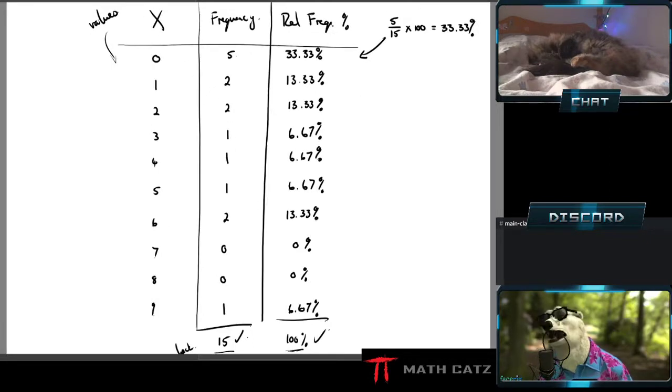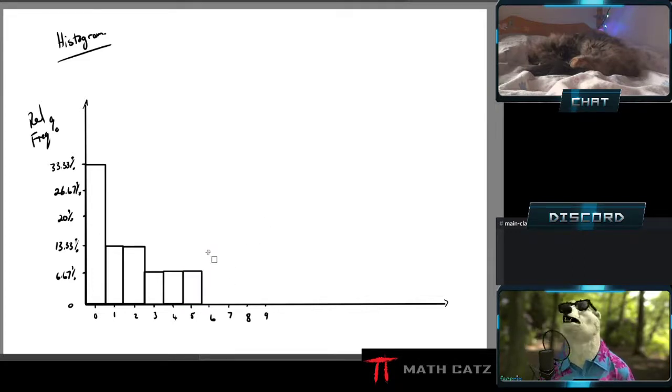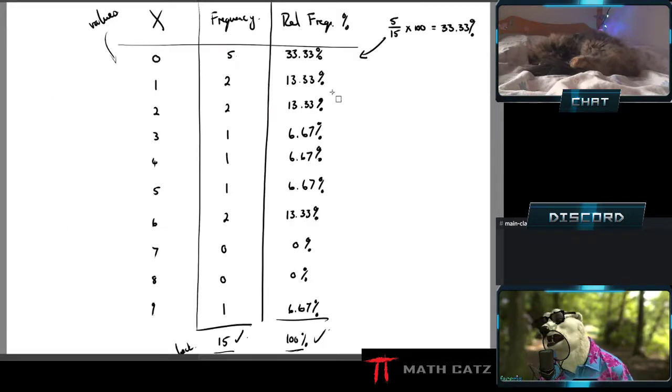Then I have 3 1s for 3, 4, and 5. Everyone gets a 1 with us. Just try and make them the same height. So again, when I do it by hand, it doesn't have to be absolutely perfect, right? But it still has value.